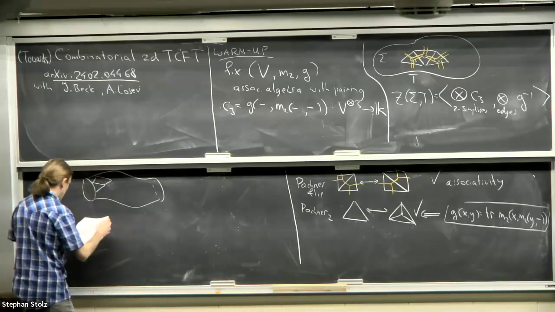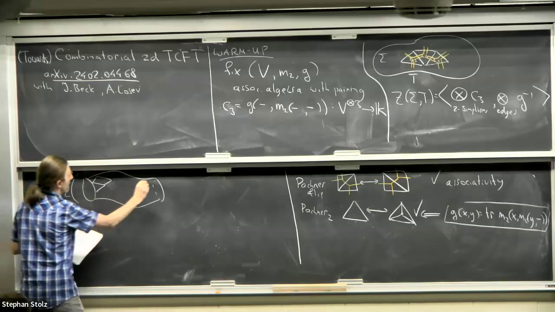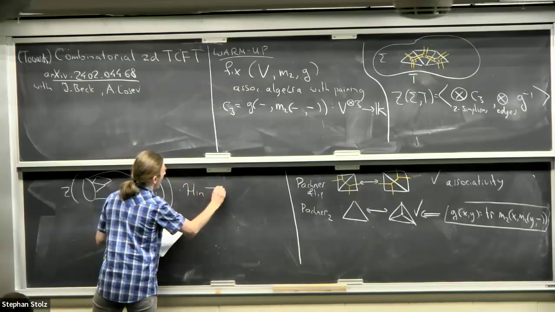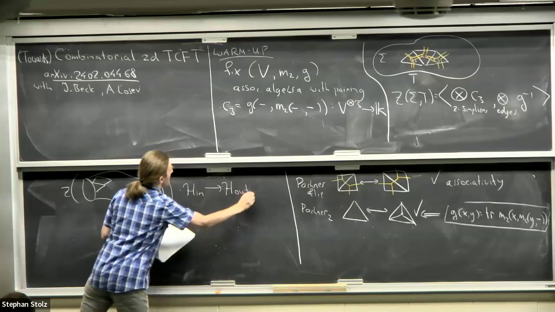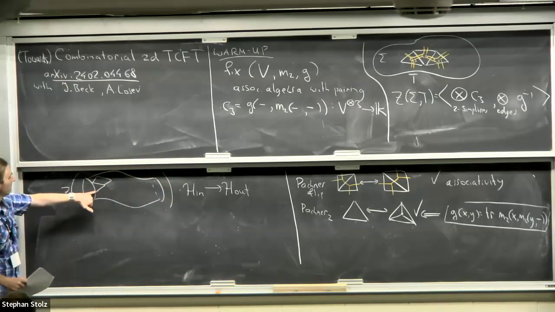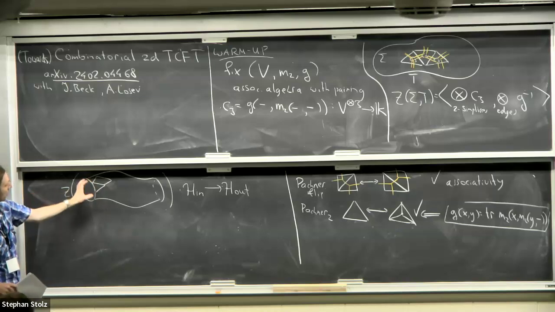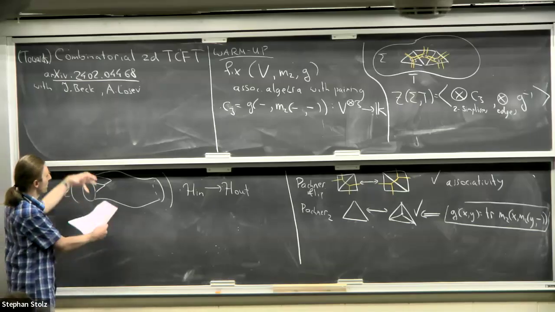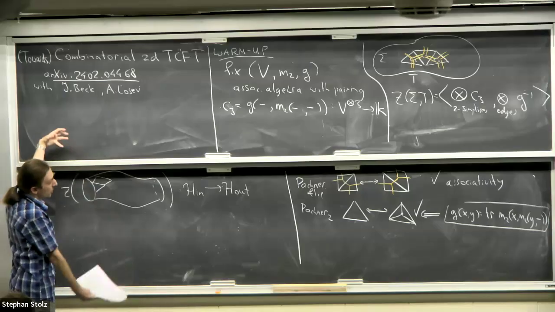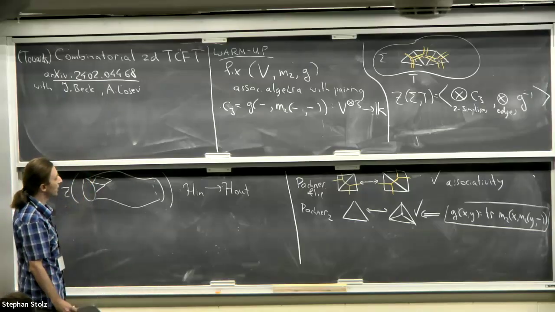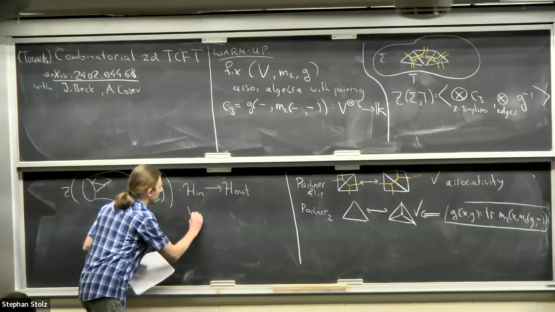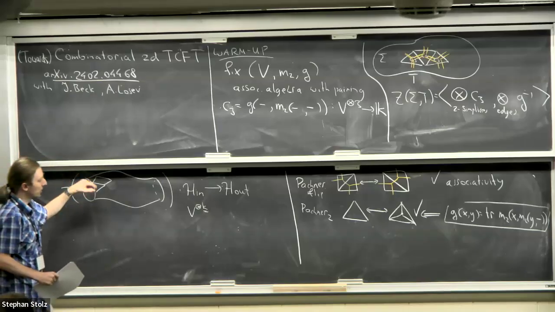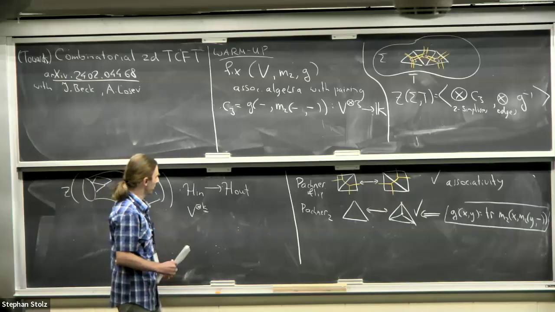So you can interpret the partition function of a triangulated cobordism as a linear map from a space of in states to a space of out states. For instance, if there is one incoming circle, the space of in states would be V to the tensor power of the number of intervals into which the triangulation subdivides that circle.